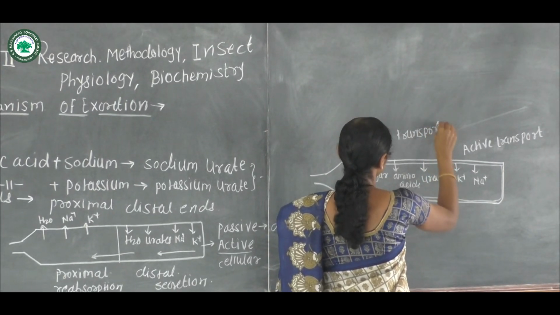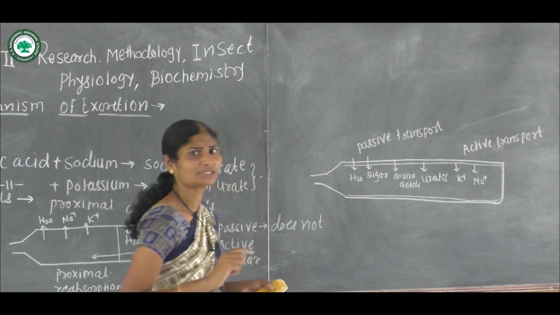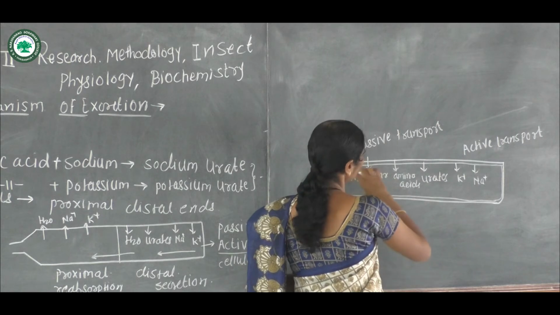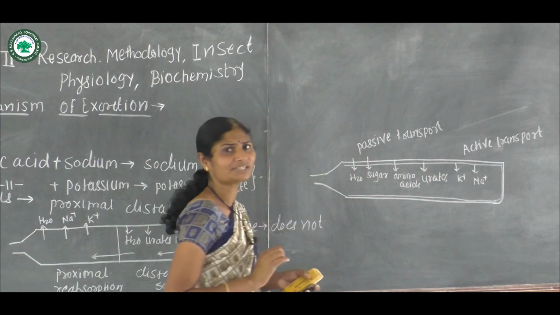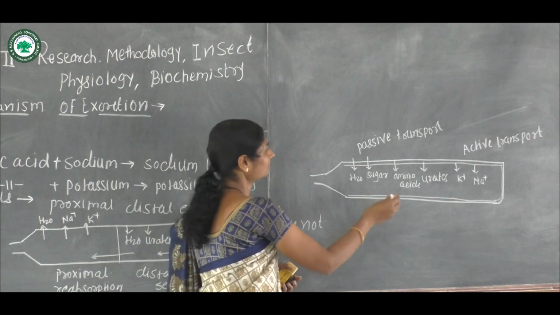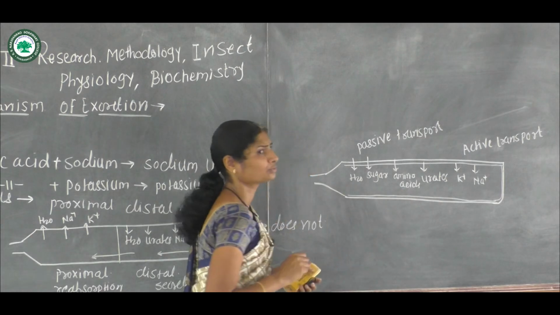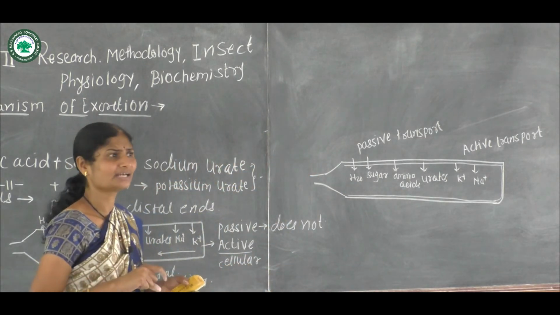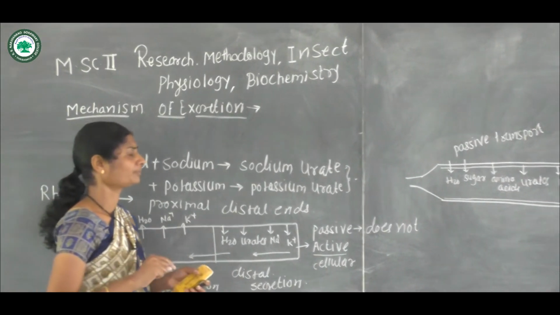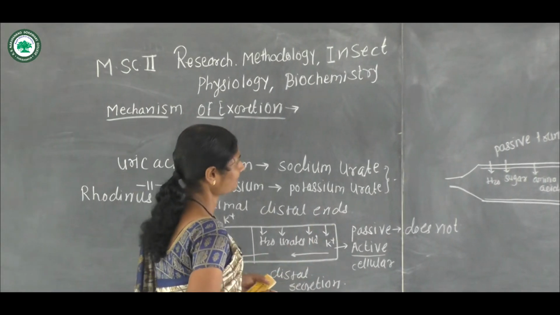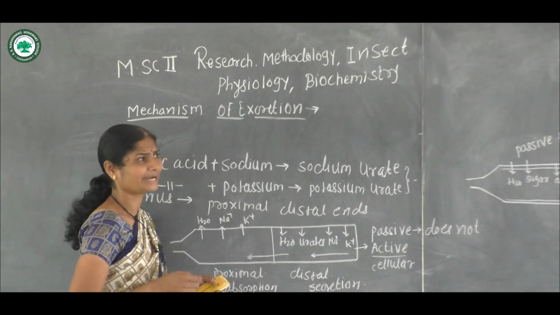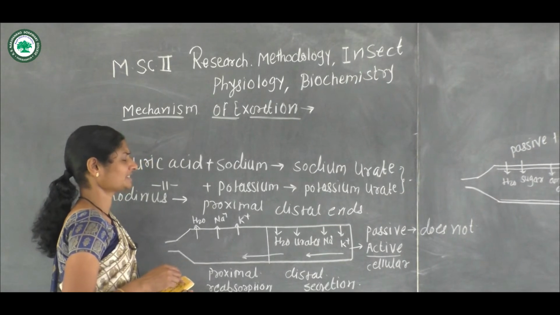In these insects, there is no differentiation into proximal and distal parts. The total part acts as a distal part and absorbs molecules, and these molecules are transported to the hindgut, and in the hindgut uric acid precipitate forms and is expelled along with the fecal matter through the anus.